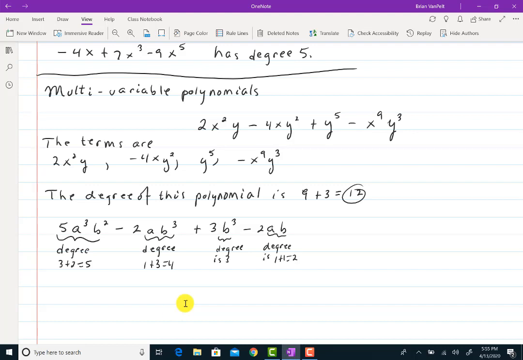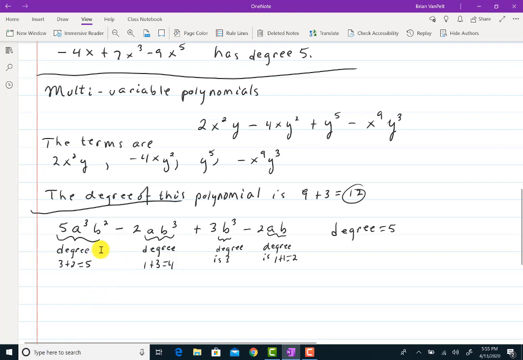Now if I look through all of these, the highest power, or sum of powers when you have multiple variables, is 5. So the degree equals 5. Not only that, let me separate it from the last problem.